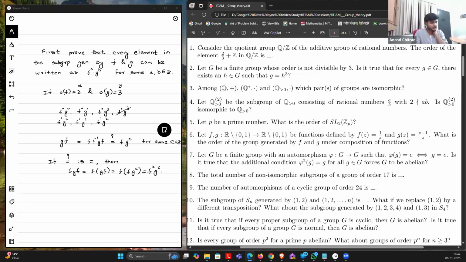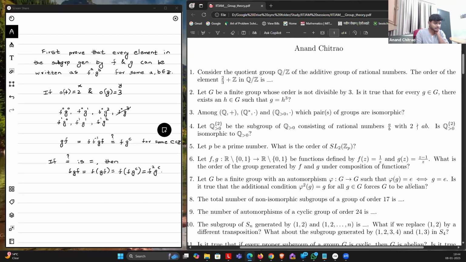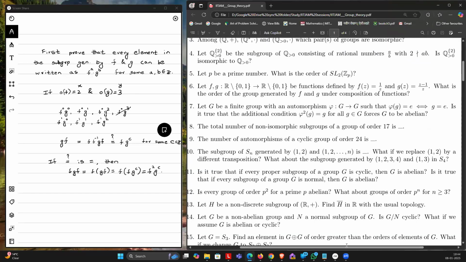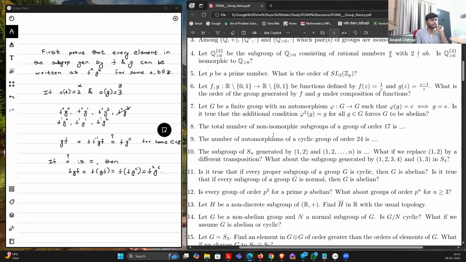I would ask you to go ahead and solve this on your own, and if you have any doubts, you can ask me. I won't solve this for everybody in the lecture. Is that fine? Yes, sir. Maybe I'll give you a hint if you need.